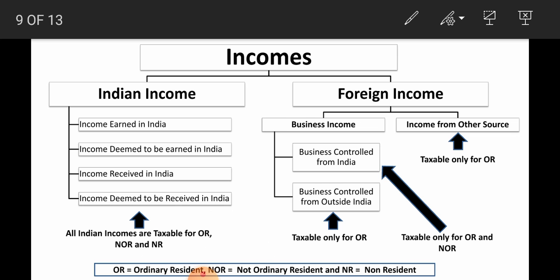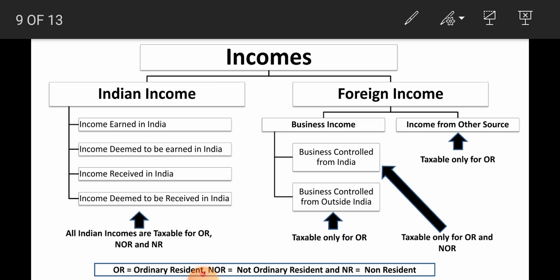Then income received in India. The term received simply means receipt of income on the first occasion. The place of its receipt shall be the place where it is received for the first time, and not the place of its receipt on subsequent remittance.